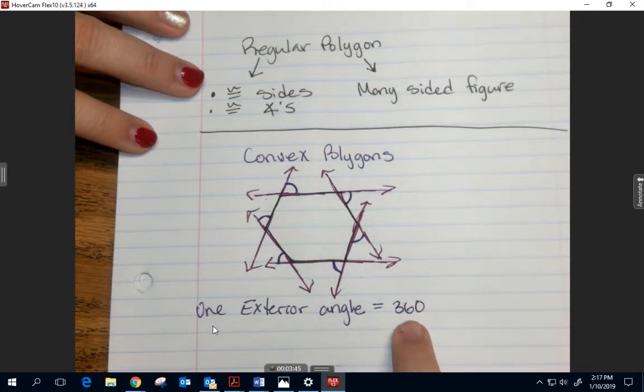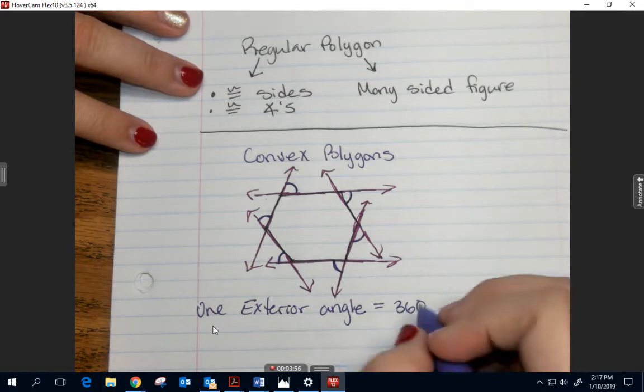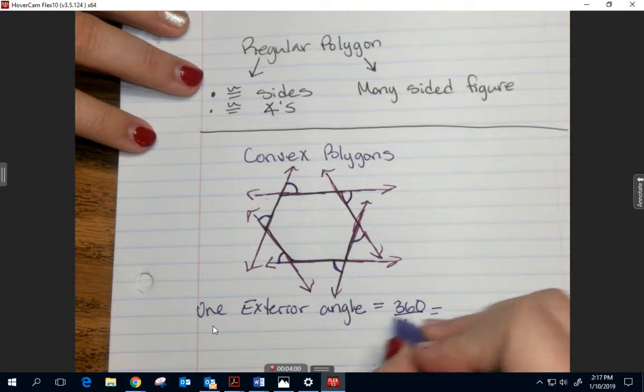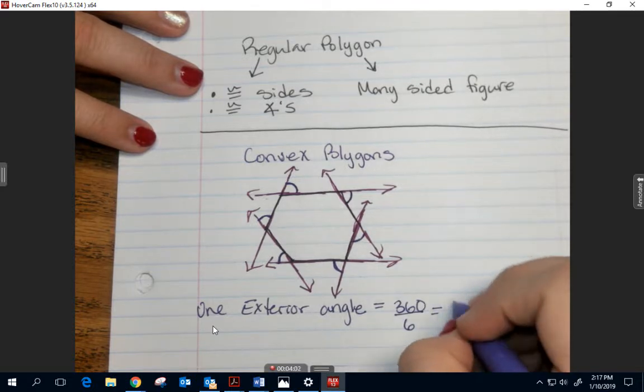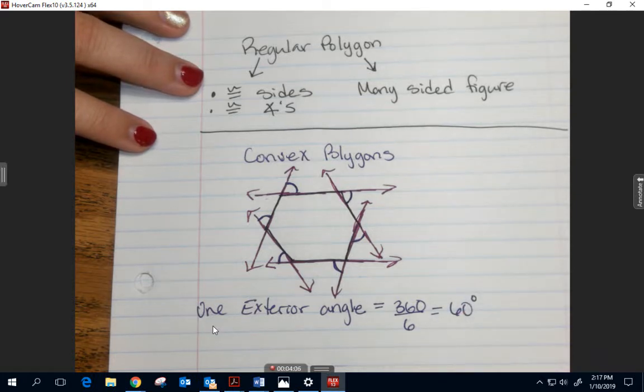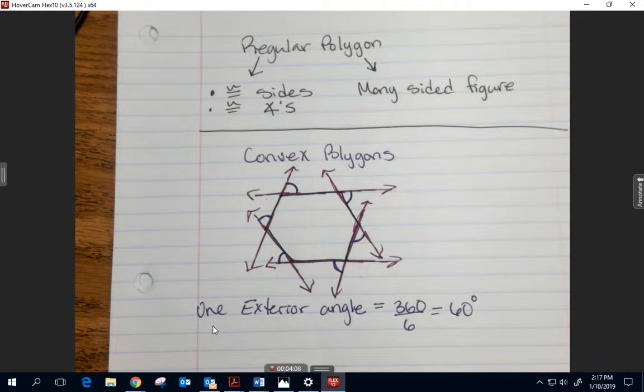What can I do to 360 just to find the one exterior? Divided by how many sides you have. How many sides do we have? 6. We have 6 because it's a hexagon. And 360 divided by 6 is 60, and I put a degree symbol. Okay? And that's how to find one exterior, because we know they all add up to 360.